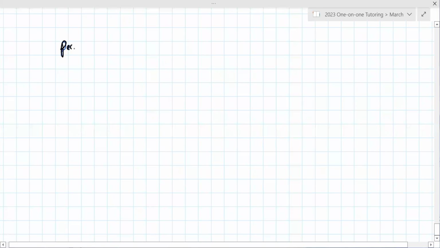Okay, so let's go back to perpendicular lines. Perpendicular lines meet at a 90-degree angle. We've talked about this idea of it being L-shaped.